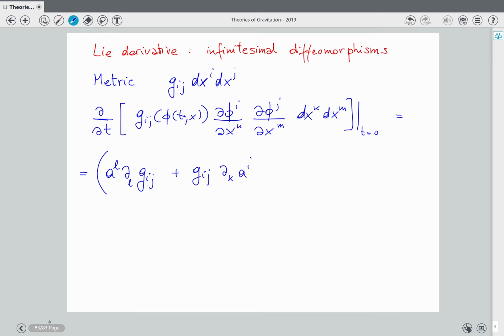And the second, this one, will be a delta jm. And then you will have partial delta I k, and here you see partial m aj. Oh yes, here we had deltas also.